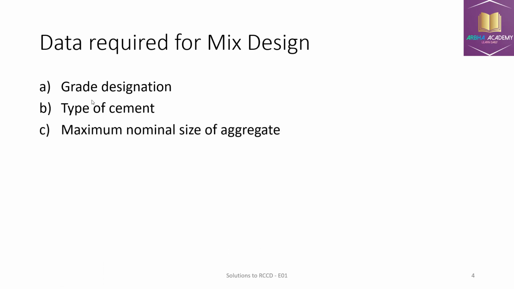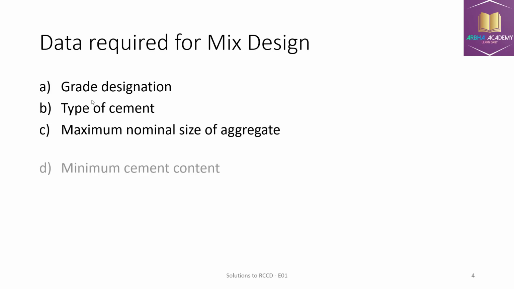Followed by the maximum nominal size of the aggregate, particularly the coarse aggregate. Whether it is 12 mm, 20 mm, or 25 mm, we need to know the maximum nominal size, because in the volume of the concrete, the major big chunks of material are these coarse aggregates.